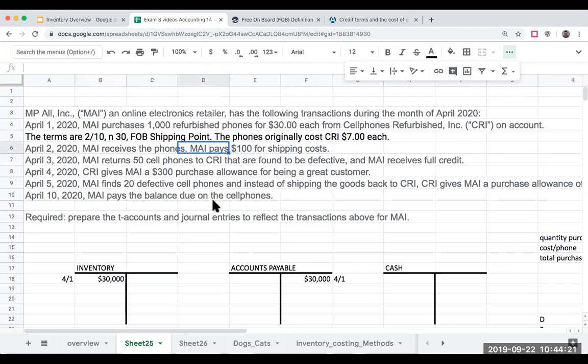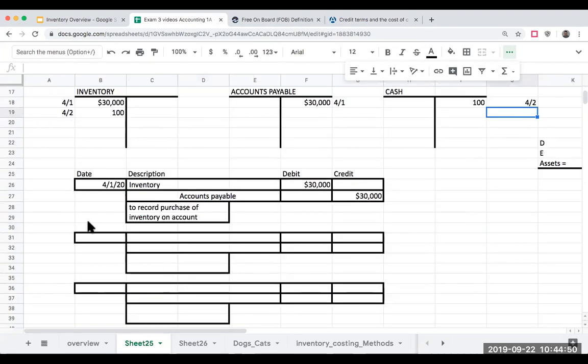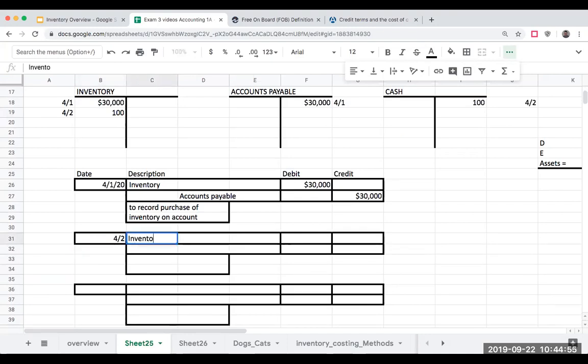So when we look at this right here, one of the costs of our inventory is going to be our shipping costs. If we're paying money to have the goods shipped to us, we include that cost in our inventory. So I'm going to be debiting the inventory here on April 2nd for the $100. And I'm going to be crediting cash for the $100 because I'm paying cash for those shipping costs. So to do this as a journal entry on April 2nd, I'm going to debit the inventory.